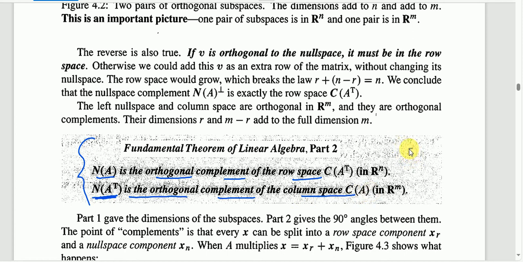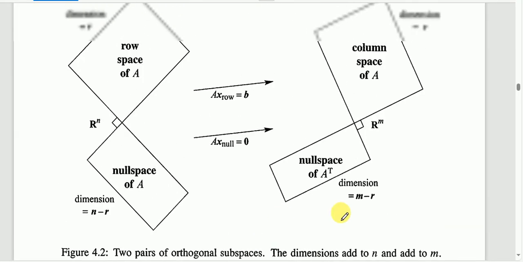This is the theorem that was in the form of a statement in the question. In the picture of this theorem, the author has shown the row space of A perpendicular to the null space of A, and the column space of A perpendicular to the null space of A transpose, that is the left null space.